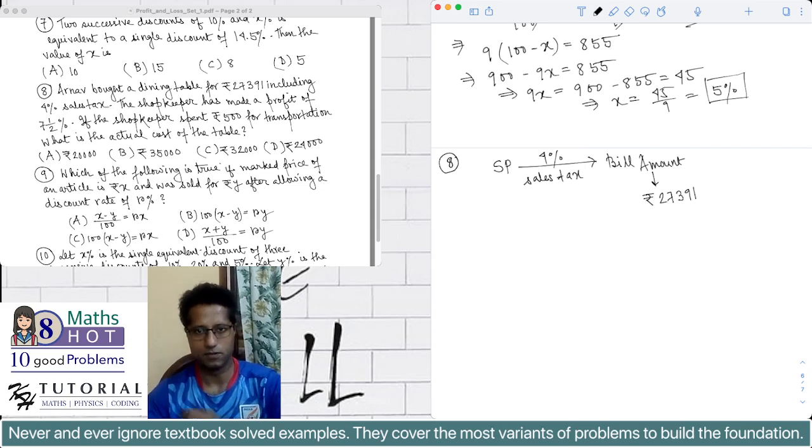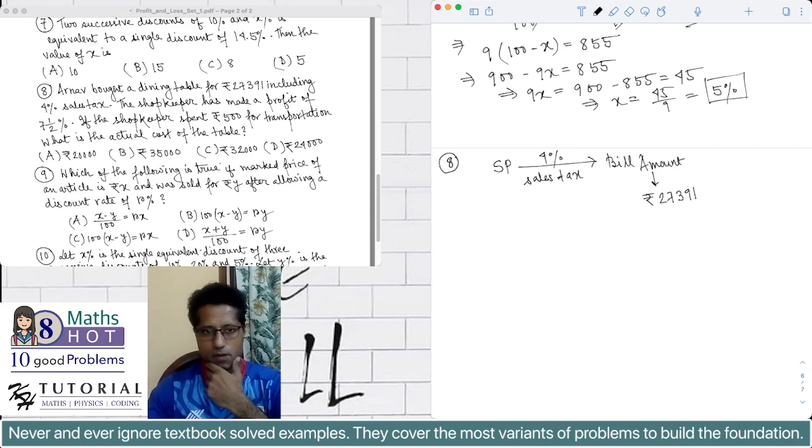So rupees 27,391 is the value of the dining table after paying the 4% sales tax based on the selling price. From this we can find the selling price of the dining table by the shopkeeper. Now, it is also given that the shopkeeper has made a profit of 7.5%.